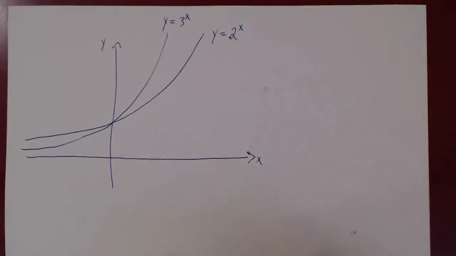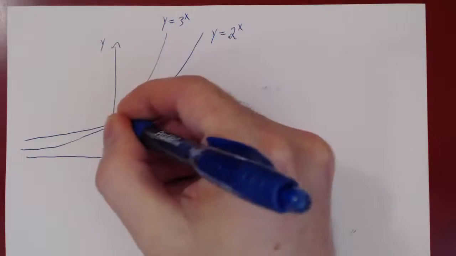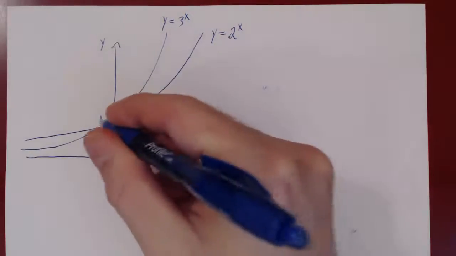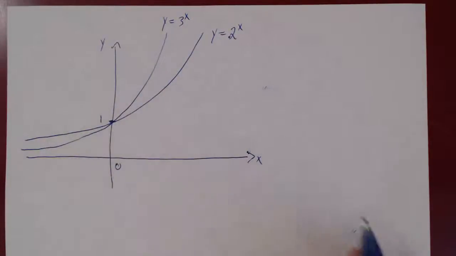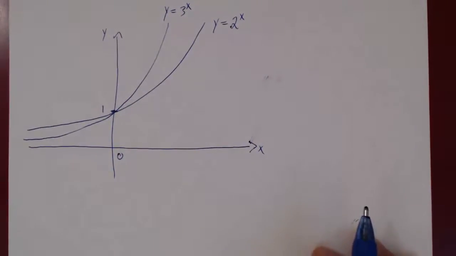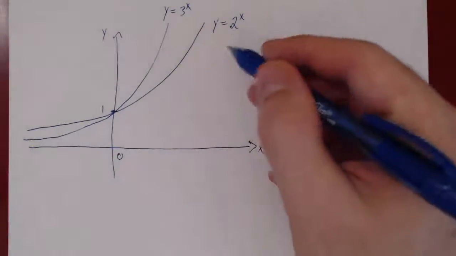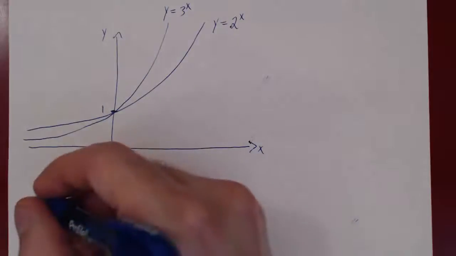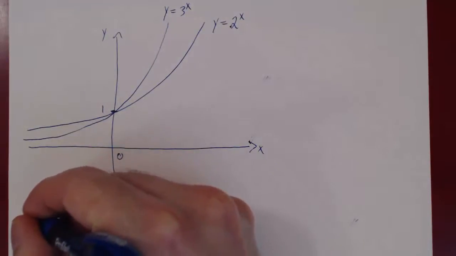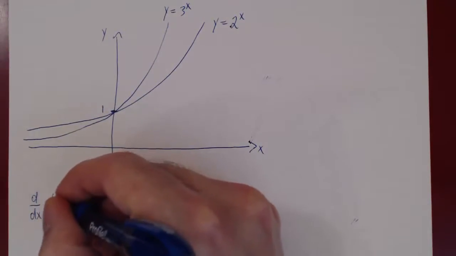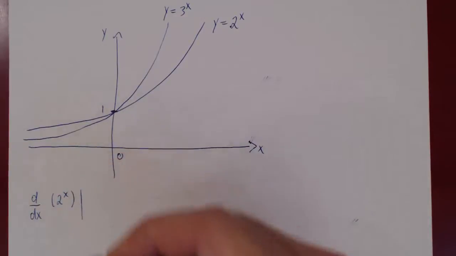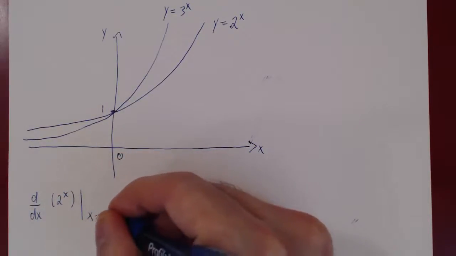Before we try and differentiate the exponential functions, we'll ask simply about the derivative when x equals 0, y equals 1. What's the slope at this point? So let's look at the derivative of 2 to the x at x equals 0. So the derivative with respect to x of 2 to the x, specifically at the point x equals 0.